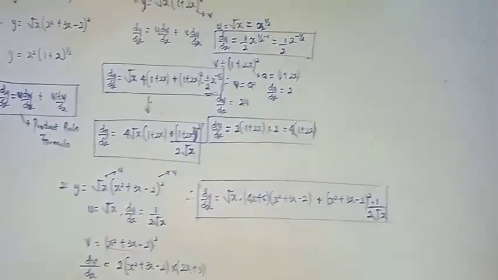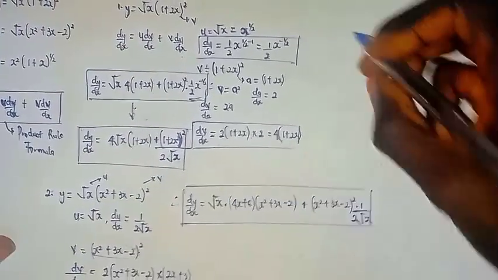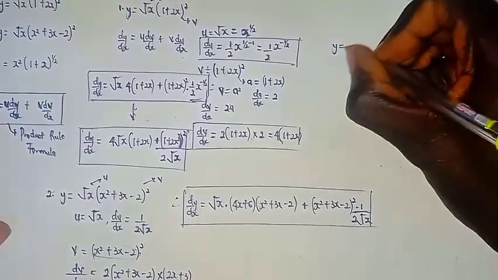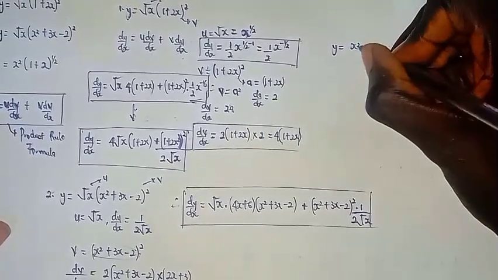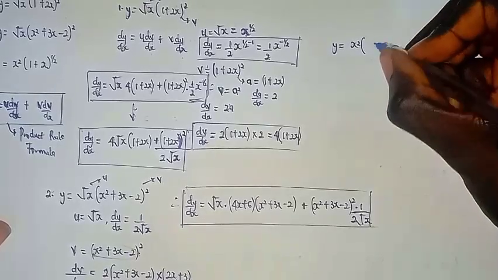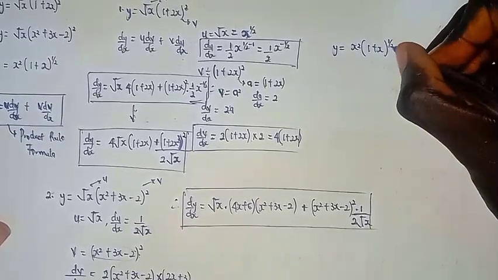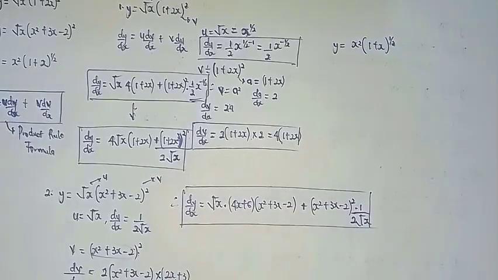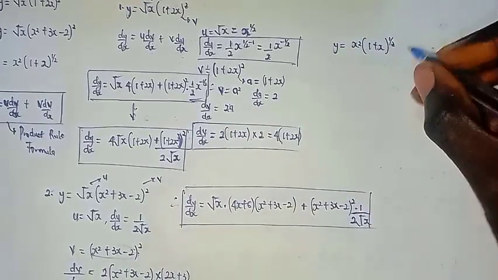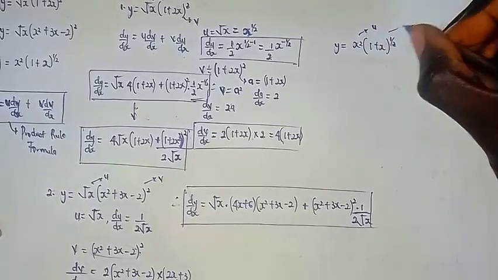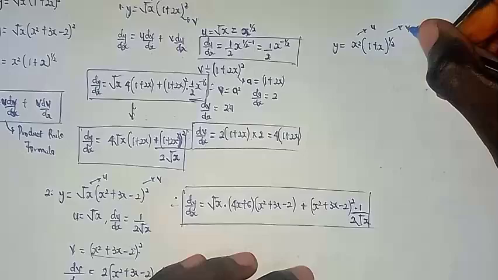Now for our third question, we have that y is equal to x squared multiplied by (1 plus x) raised to the power of half. So this is our u, and then this is our v.